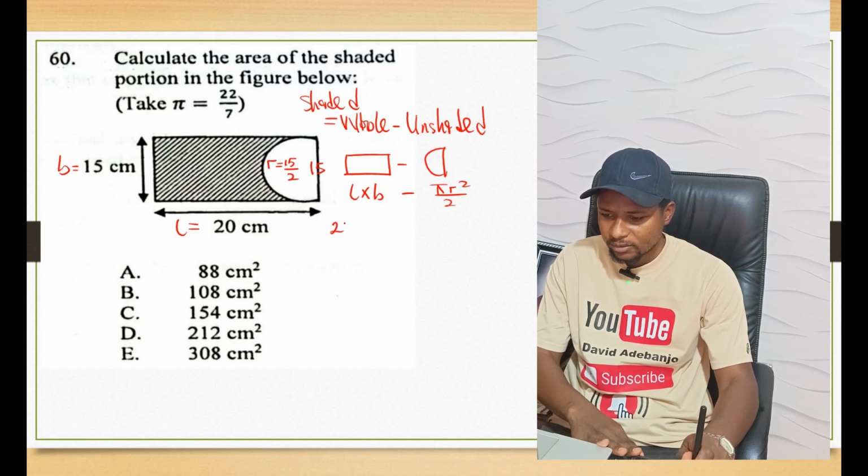So I have all the information, then I can start solving. So here is 20 times 15, done with the whole shape. For the unshaded, pi is 22 over 7. Radius, we said, is 15 over 2 times 15 over 2 because it's radius squared. And don't forget the over 2, just times it by 1 over 2. So 2 here 1, 2 here you have 11.